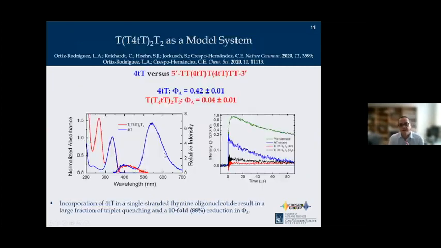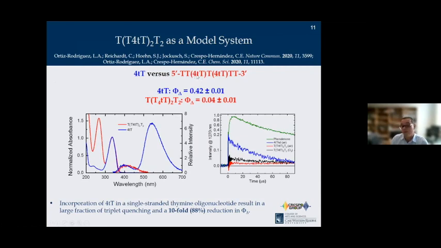So we thought this is a great model to study the formation of the 6-4 photodimer using a single-stranded oligonucleotide as a model of DNA. And so I'm showing here the steady state results initially. So this is a 7-mer oligonucleotide, which has two 4-thiothymidines incorporated.